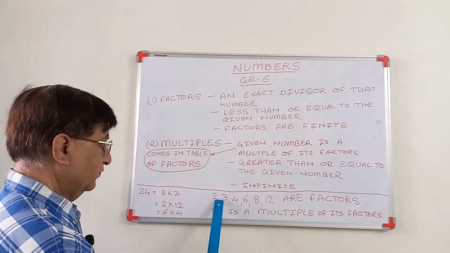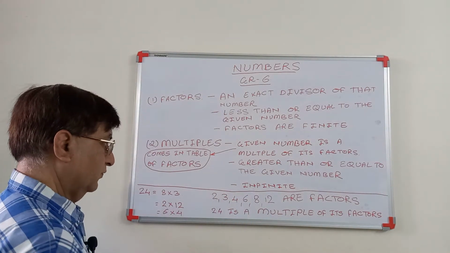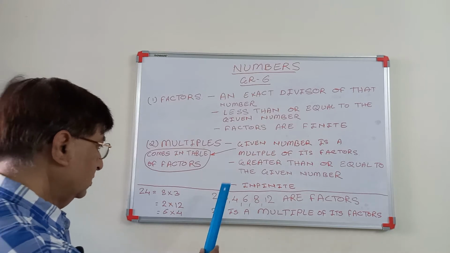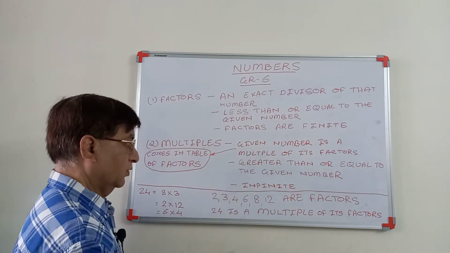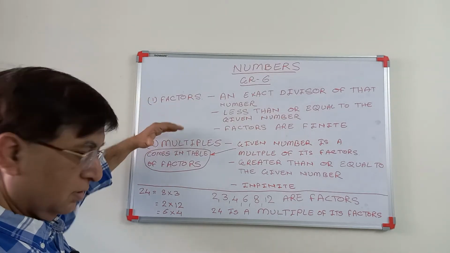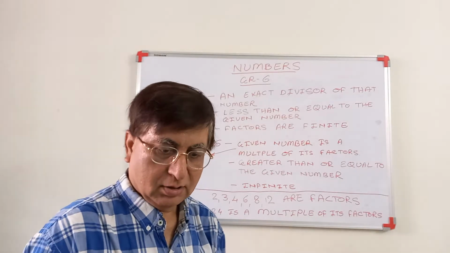So multiples of a certain number can be infinite. So this is regarding factors and multiples. Let's see prime numbers and composite numbers.